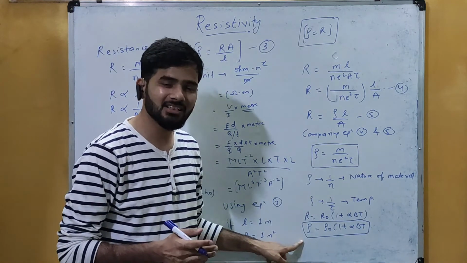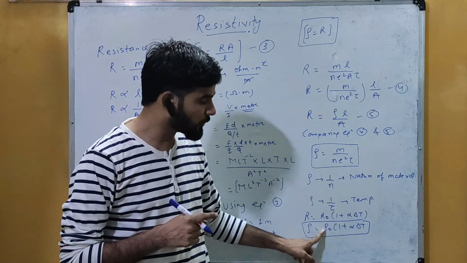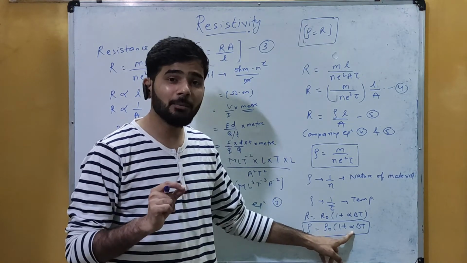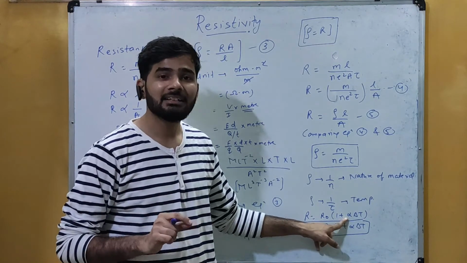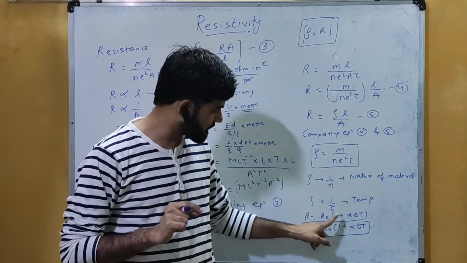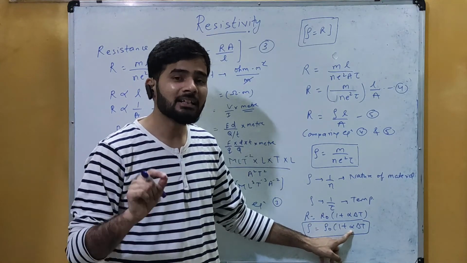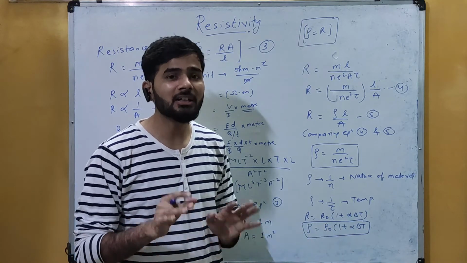Here rho is the resistivity at some temperature where we have to find its resistivity. Rho naught, that is the resistivity at 0 degree Celsius. Alpha, it will be here the temperature coefficient of resistivity. यहाँ पर क्या था? ये temperature coefficient of resistance था, because we were writing it in terms of the resistance, and here it will be in terms of the temperature coefficient of resistivity, and this delta T is the temperature difference.